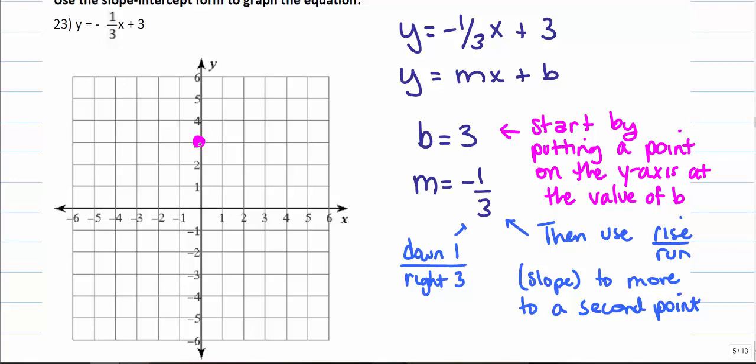So I'm going to start at this point that I plotted on b, the y-intercept, and I'm going to go down 1 block and right 1, 2, 3 blocks. And that's going to give me my second point.